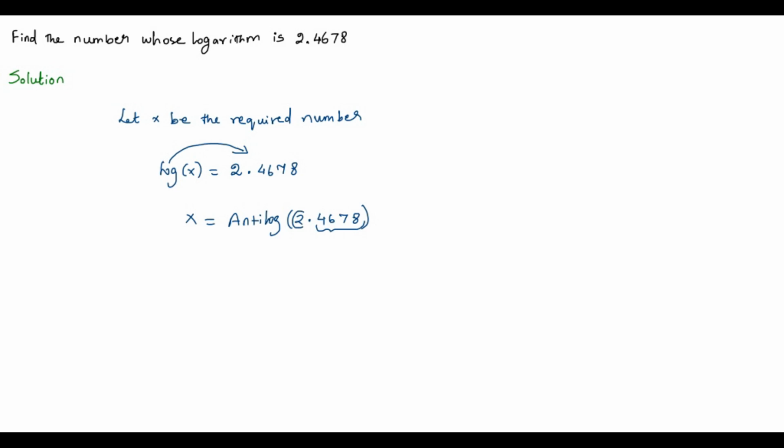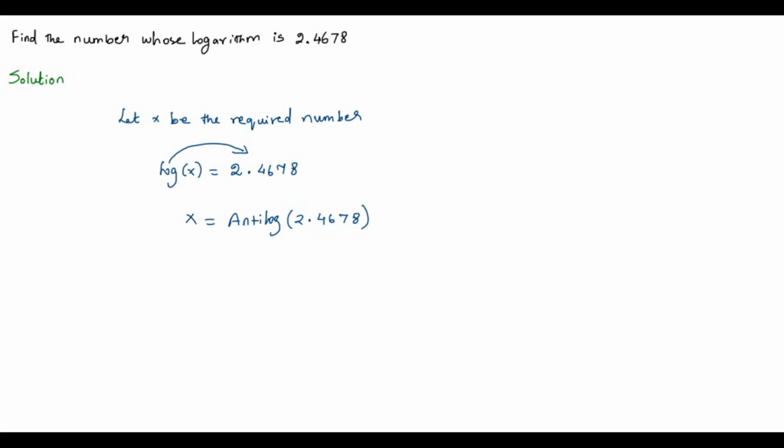We are not supposed to consider this digit 2 in the anti-logarithm table. So what are we going to do with this digit 2? It will be included in the calculation a bit later. So in the anti-logarithm table we will be using only the digits after the decimal, in this case 4678.